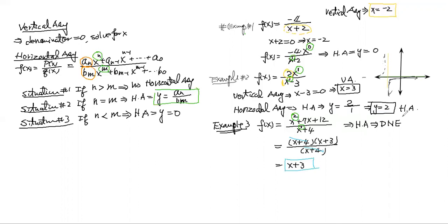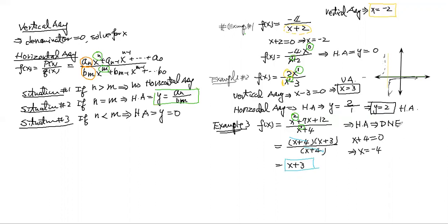Then you will say, okay, let's take a look at the vertical asymptotes here. For the vertical asymptote, you will say, hey, you told me the bottom equal to 0, right? So you say x plus 4 equal to 0, then x equals negative 4. So you will say, hey, the vertical asymptote will be x equals negative 4.